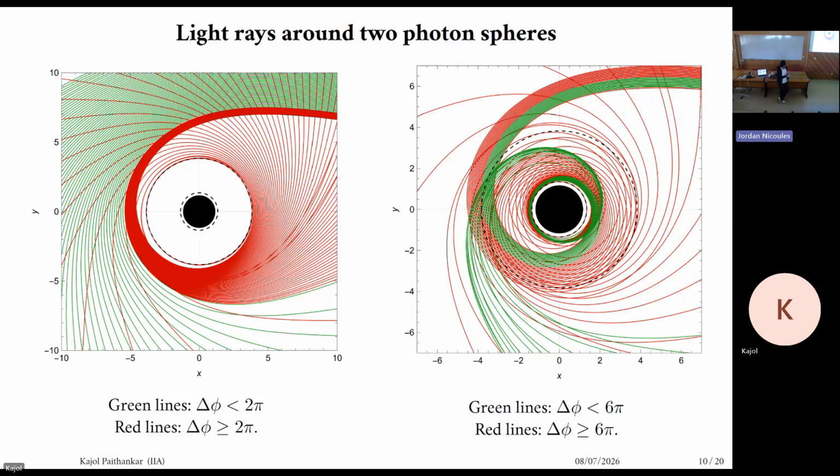Now there is another kind of trajectory in this case, because now we have two photon spheres that fall inside this outer dashed black line, the outer photon sphere. And here you can see that in the earlier case, once you decrease the impact parameter, as the trajectory gets closer and closer to the black hole, it makes more turns. That is a monotonic relation: the closer the trajectory, the more the angular distance covered. Here that's not the case.